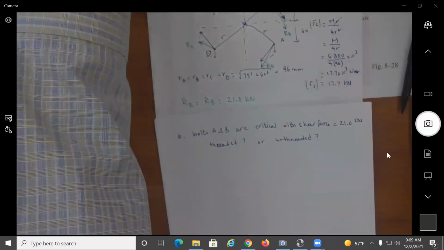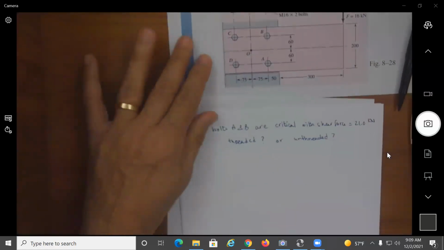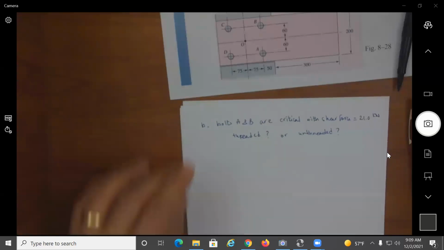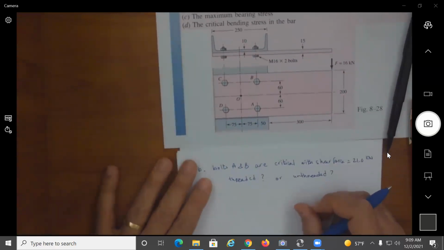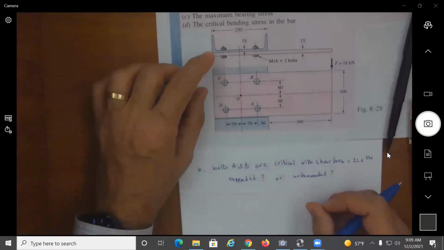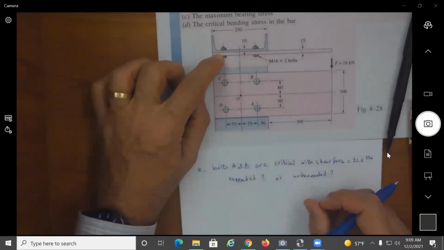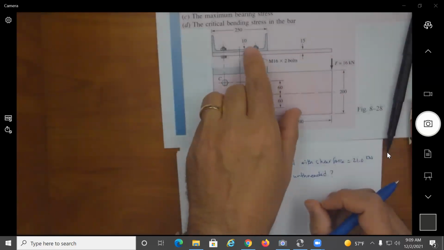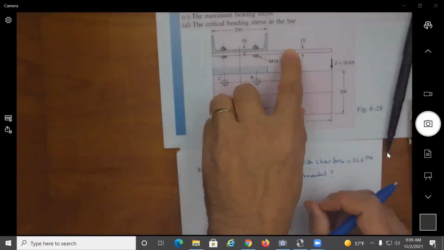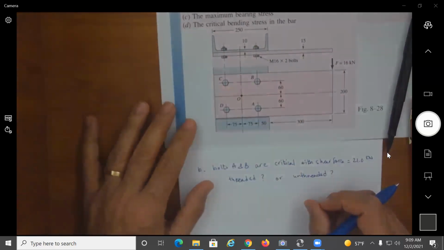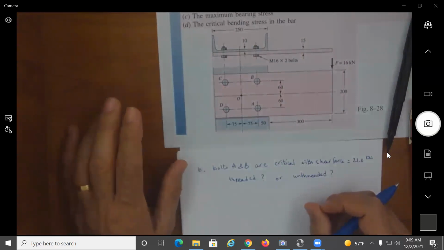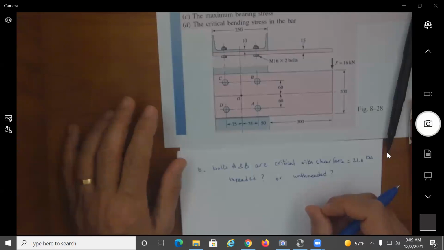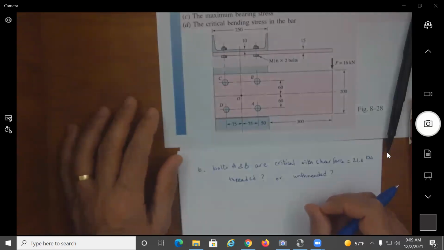So if I go back and look at what was given, if I look at this bolt that is being used, now this bolt length has to be more than 10 plus 15, which is 25, plus the height of the nut, and if we're using a washer, and then we also have to go 2 threads beyond that.